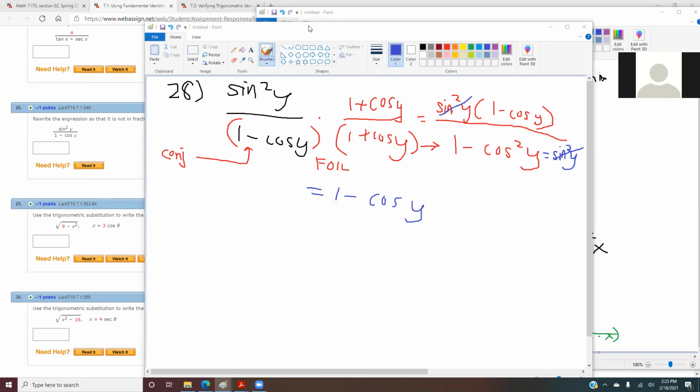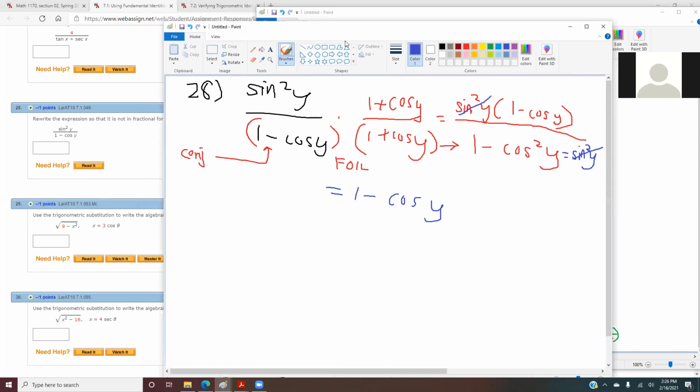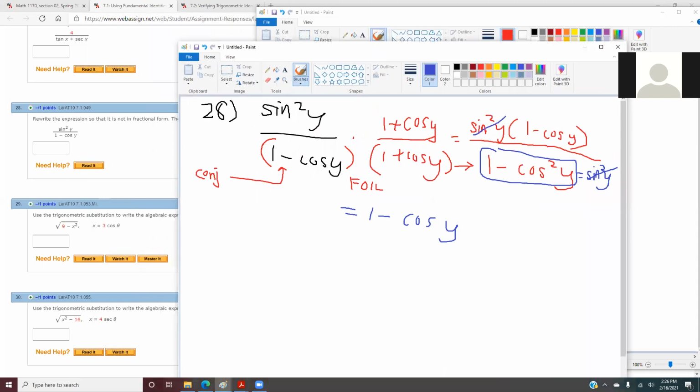Wait, how come on the bottom it's also equal to sine squared y? Because you use the Pythagorean identity here. The Pythagorean identity says sine squared plus cosine squared equals 1. So when you cancel out the sine squared y and sine squared y, you're left with 1 minus.